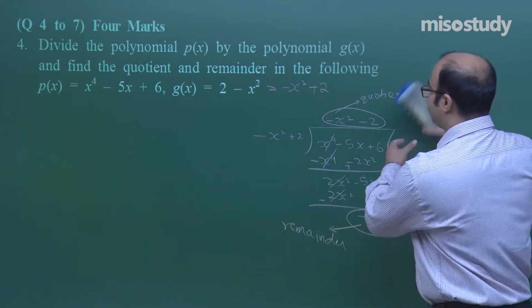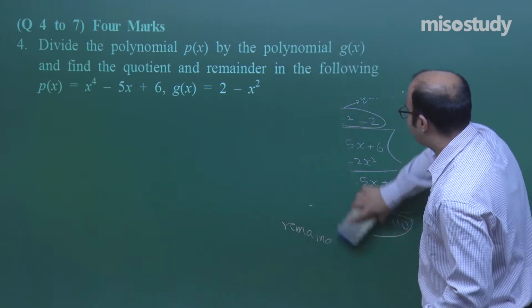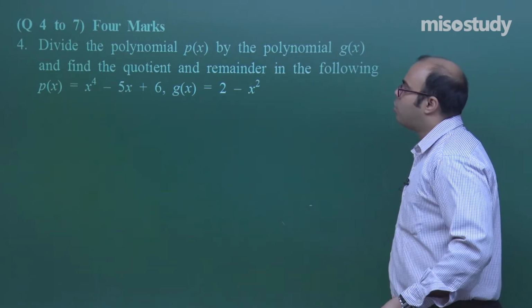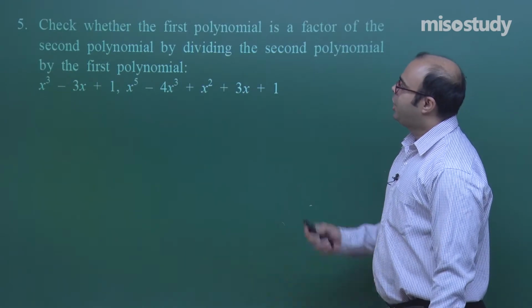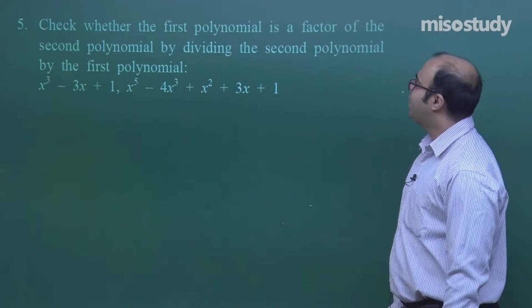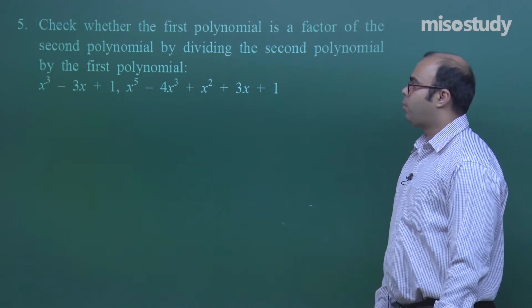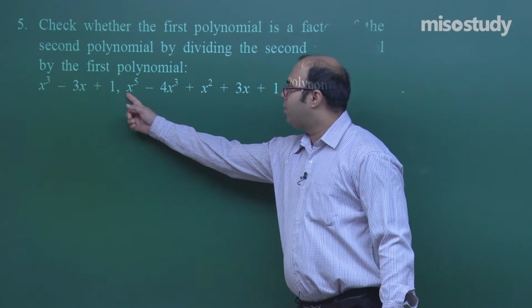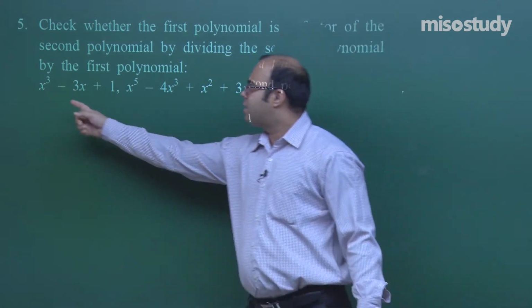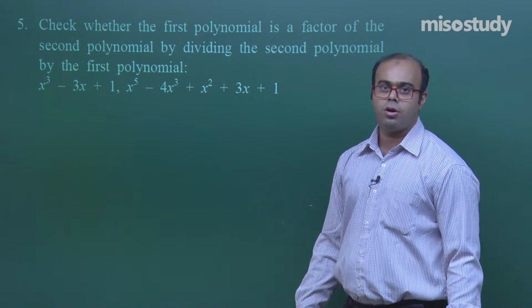Okay, students. So let us move on to the next question, which is the 5th question, and it is also of 4 marks. Check whether the first polynomial is a factor of the second polynomial by dividing the second polynomial by the first polynomial. So the second polynomial is of 5 degree, in decreasing order of degree it is written. This is of 3 degree, it is also in decreasing order of degree.